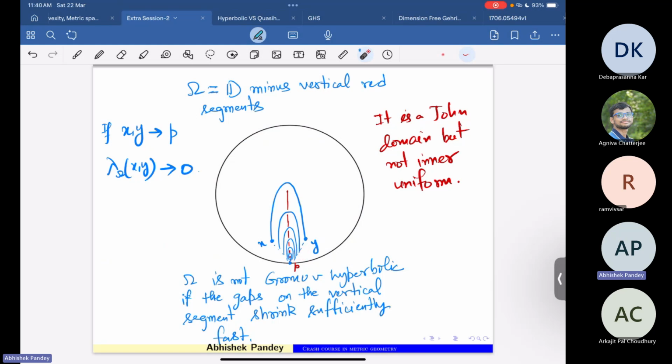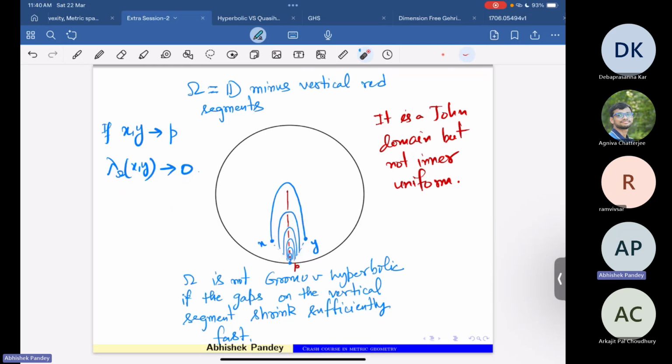Once you have 2 points x and y, and we want to join them by a curve gamma, for the inner uniform domains, once you take these points tending to this point P, the curves joining them are again getting smaller and smaller. Ultimately this is going to be zero in this kind of domain.